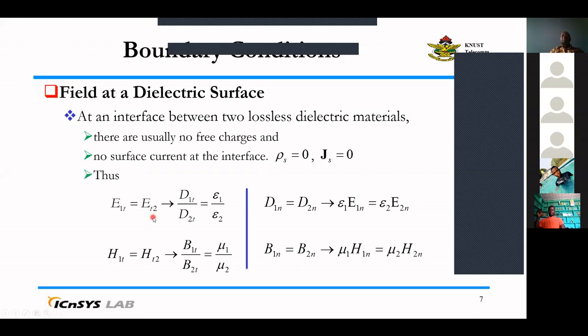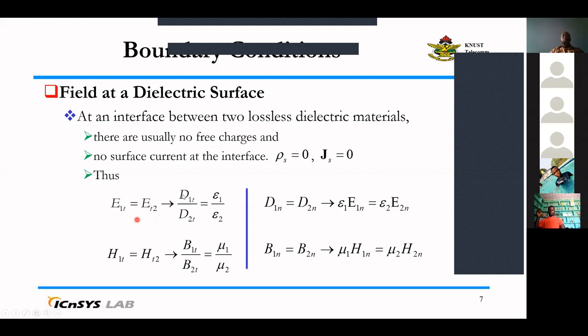So if the submarine is underwater and it is transmitting signals via its antenna, then the antenna is going to transmit the electromagnetic fields through water, and then it will come into contact with air. So the interface here, an example of that interface, is the interface between what?